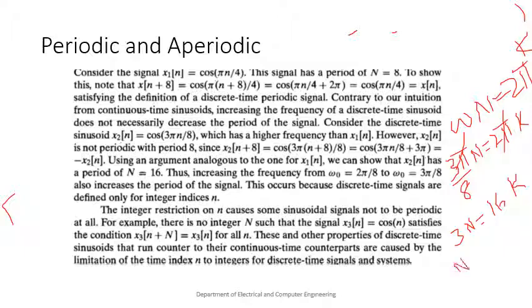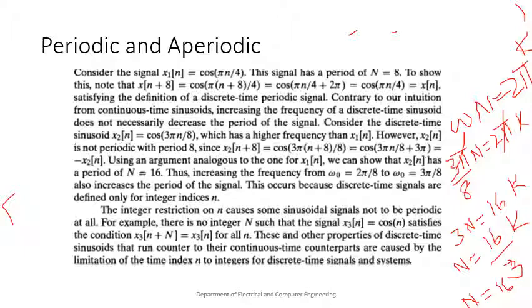Now n is equal to 16 divided by 3 times k. Keep in mind, in discrete time the period will always be an integer. We cannot have a time period of 1.2, 1.3, 5.6, 5.7. The time period must be an integer. So what integer value of k can we take so that n becomes an integer? The only value we can take for k is 3. If I take k equal to 3, 3 cancels with 3, so the time period is 16.